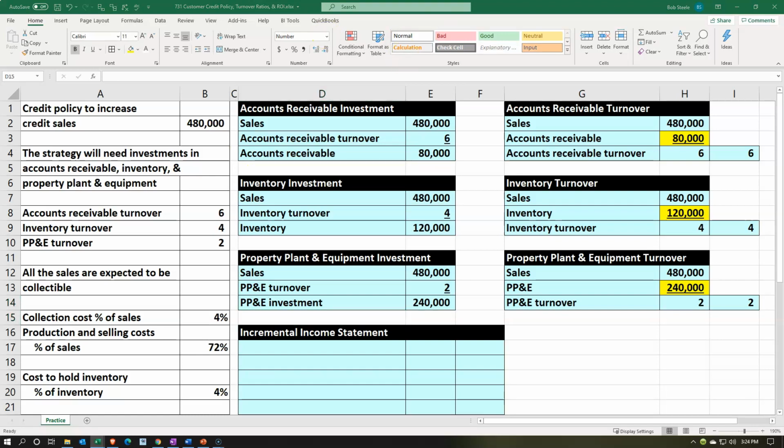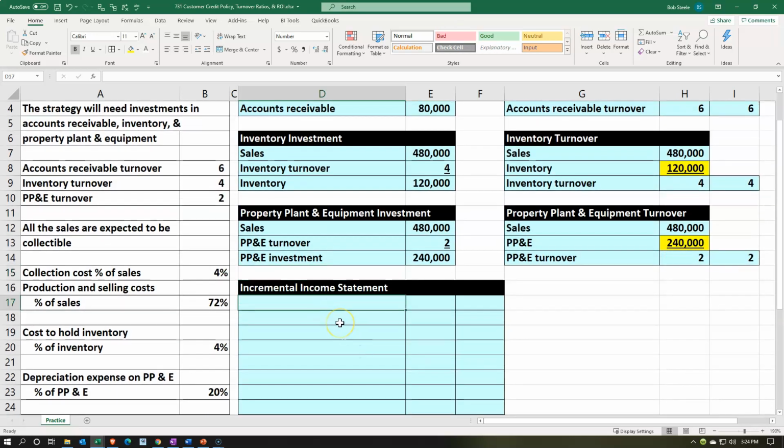Now let's consider our incremental income statement to see what the effect on net income would be if we were to implement this change. So we could say, all right, the incremental sales that we're going to be having from this change, I'm going to put this in the outer column, and I'm going to calculate all the costs after this. Notice I may not put this in the same format as you might see an income statement, with the sales minus the cost of goods sold and so on.